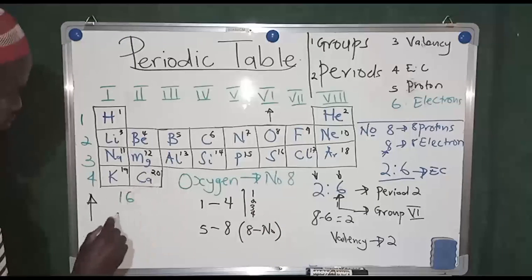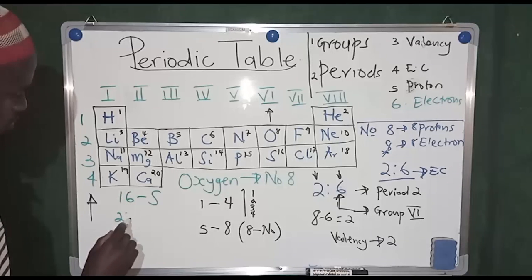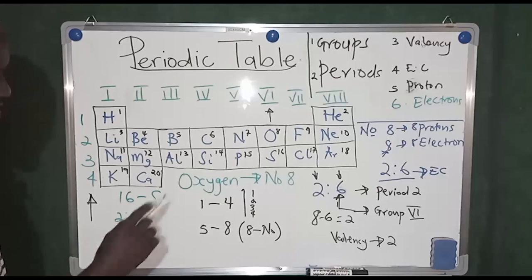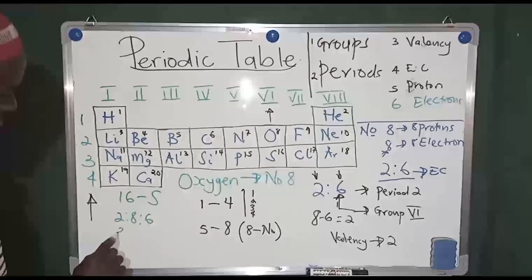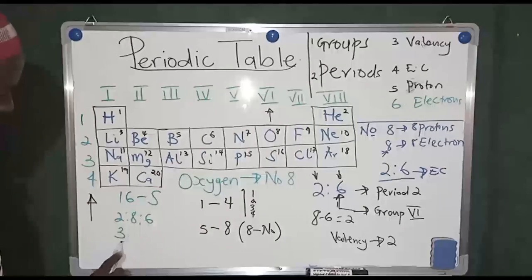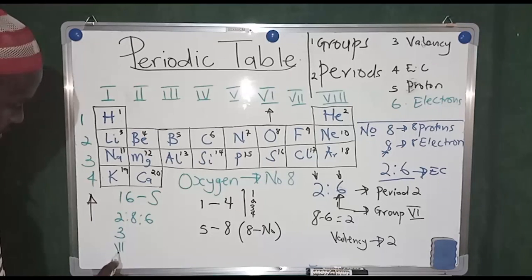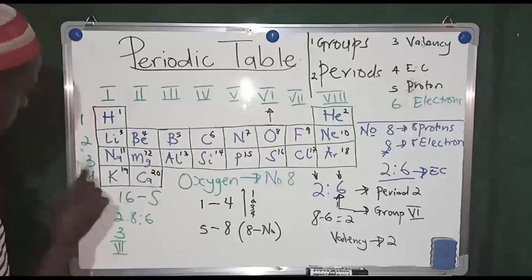The configuration is going to be 2.8.6. Now, if they ask me what is the period, it will be 3. If they ask me what is the group, it will be group 6. As you see, sulfur is in group 6 and it is in period 3.